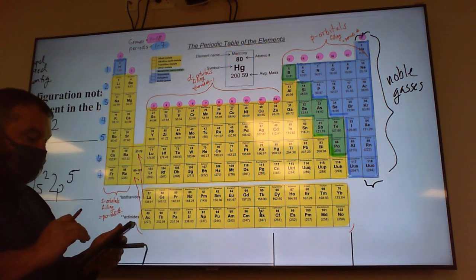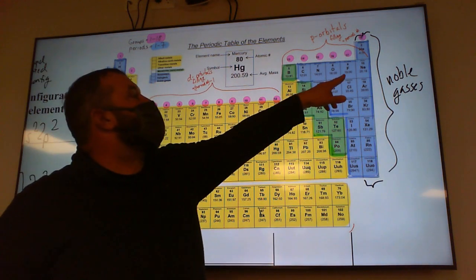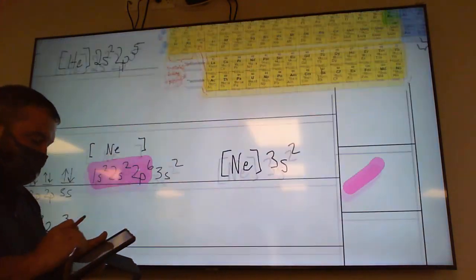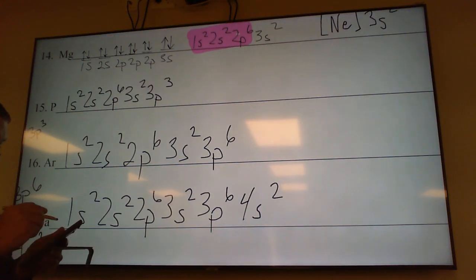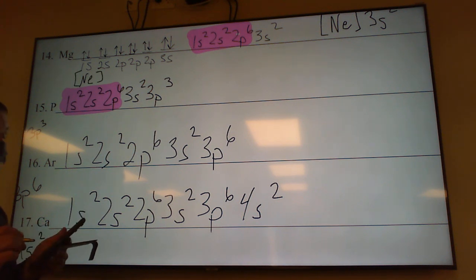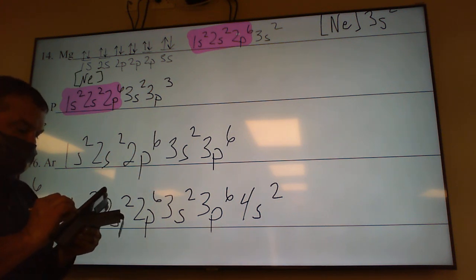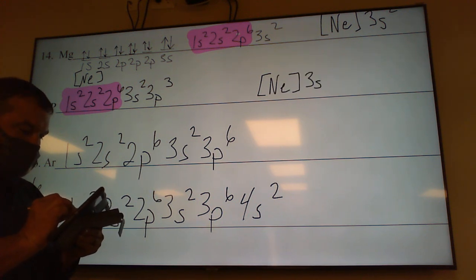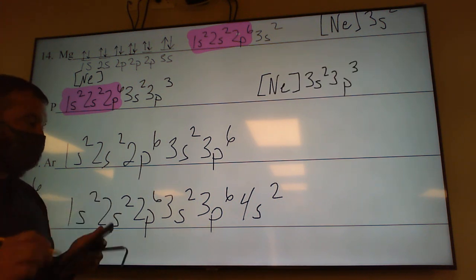All right, so let's go back and look. We know that neon ends in 2p6. So if I look at this configuration, again, here's neon. So if I want to do the shorthand for phosphorus, it's going to be Ne, 3s2, 3p3.